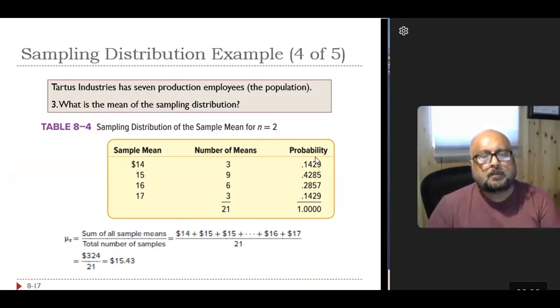We can find the probability by dividing the frequency of each by the total frequency. Relative frequency means probability. 3 divided by 21 gives us 0.1429, and so on. And we can find the mean of all these samples also.